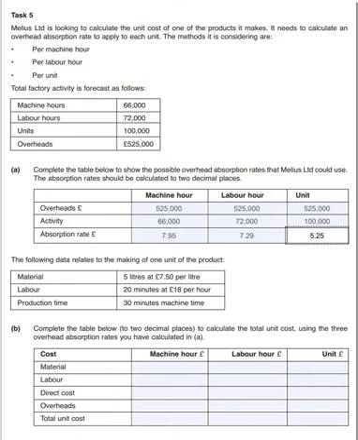It says the following data relates to the making of 1 unit of the product. So we're told it takes 5 litres at £7.50 a litre. Labour, it takes 20 minutes of labour at £18 per hour, and production time is 30 minutes of machine time.